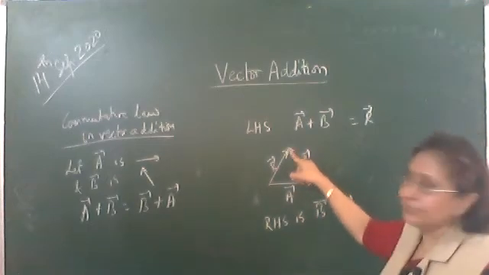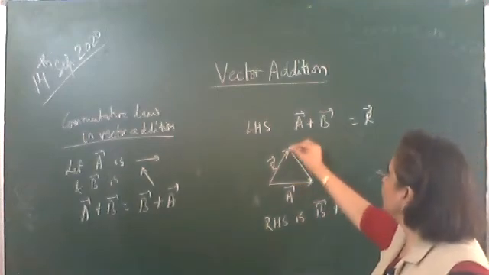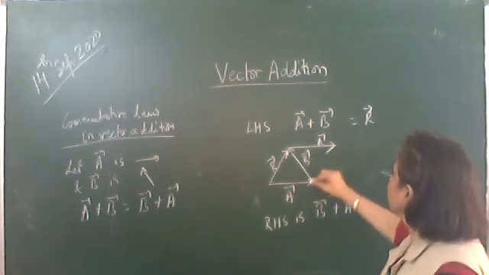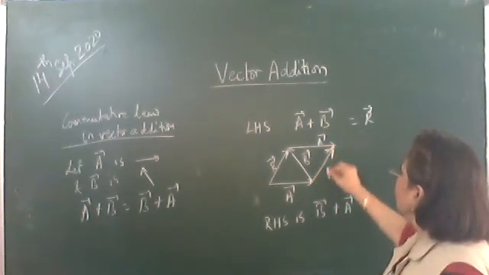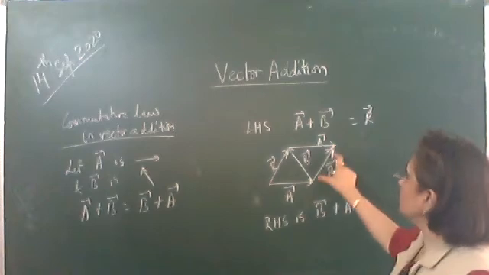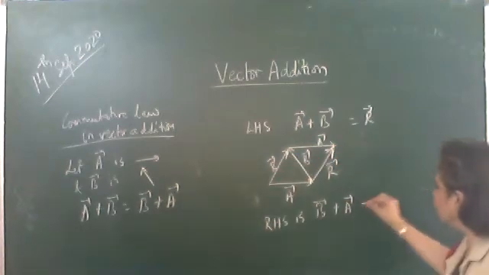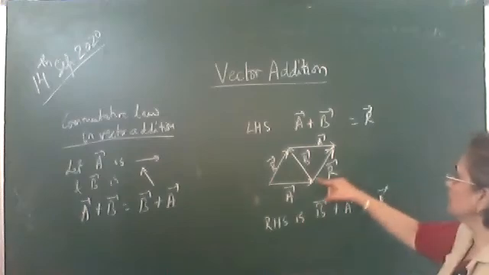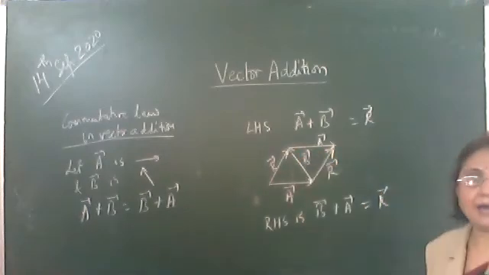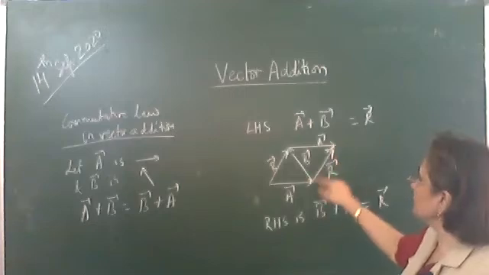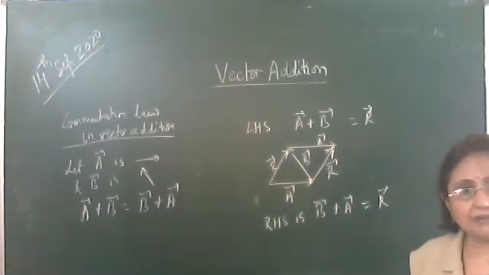From the head of the B vector, we'll join the tail of the A vector. Okay, this vector is also equal to R vector. So B plus A vector is also equal to R vector. It becomes a parallelogram. These are the two opposite sides, same direction.